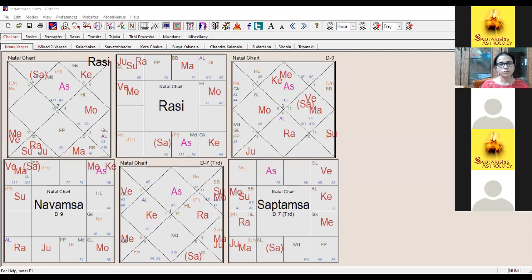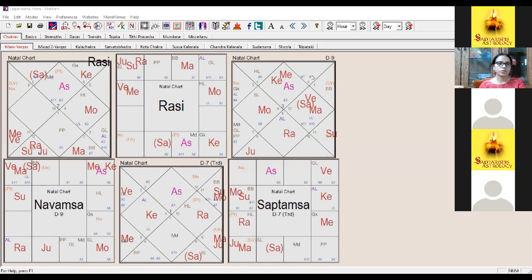Because the author, Rishi, says check D9 as well as the other concerned divisional charts. It means he wants you to check D9 as well as D7. So when you go like this, you will get confused at the end. Because you will end up with all 11 houses activated. Then how will you predict?